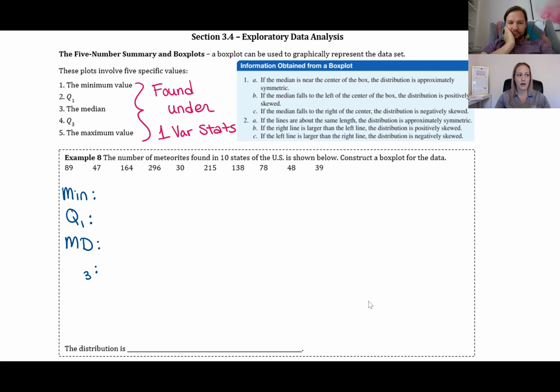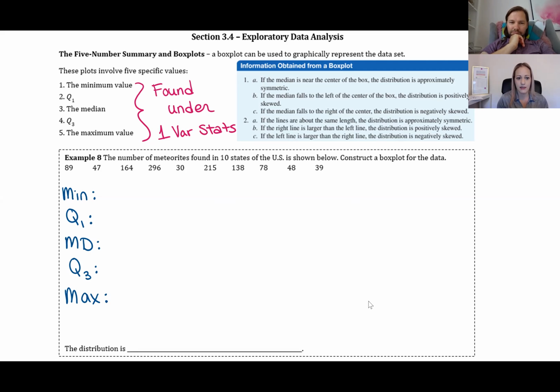On the list that comes up, scroll down to the bottom and you'll see min X, Q1, med, Q3, and max X. Your calculator literally gives you those 5 numbers in the exact order that you want them.